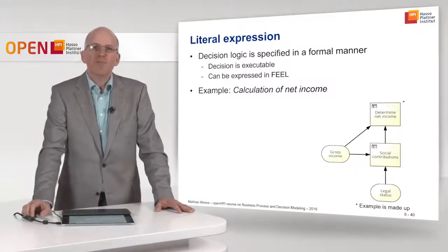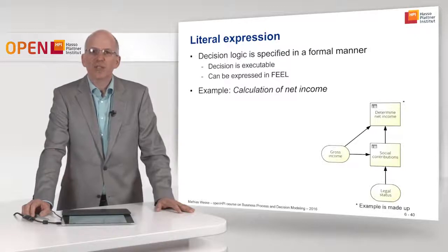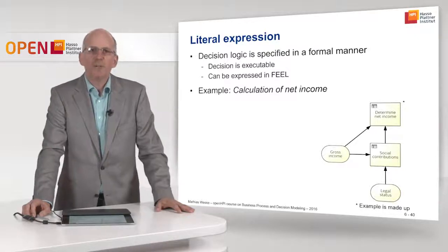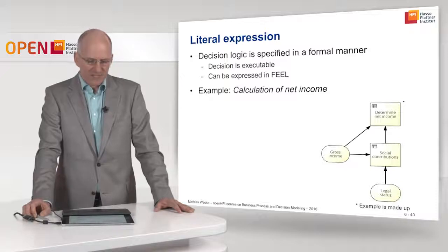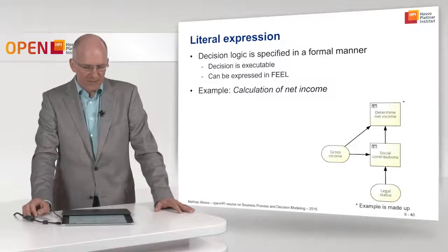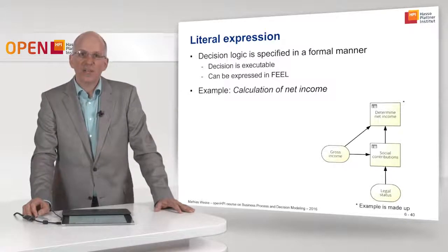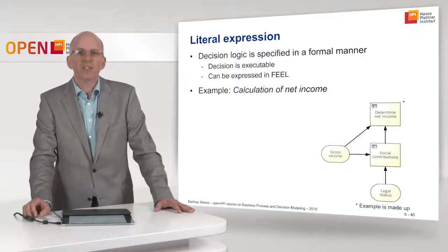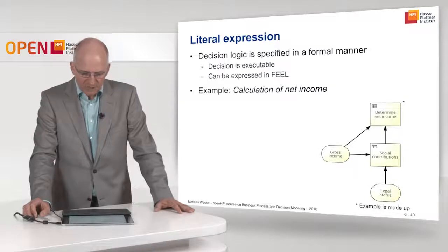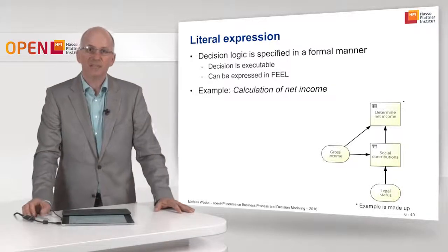We can also specify decision logic in a literal expression in a more formal manner. And then the decision is executable, and we can express this in the FEEL language. We have an example here, which is the calculation of your net income based on the gross income and your legal status.